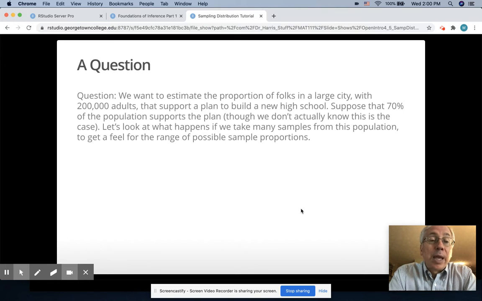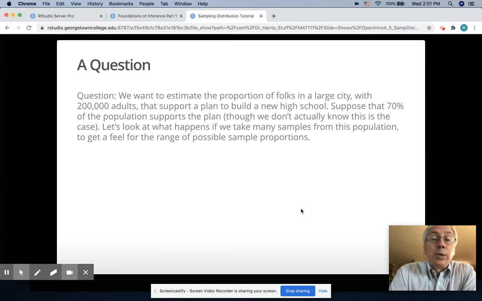So that's a true statement, but the people who are interested in finding out what the actual percentage is won't know that. And so what the planners, the people who are trying to figure out what the level of support is, can do is take a random sample of adults from the population of the city and ask them the question and see what proportion of the sample is in favor of the plan.